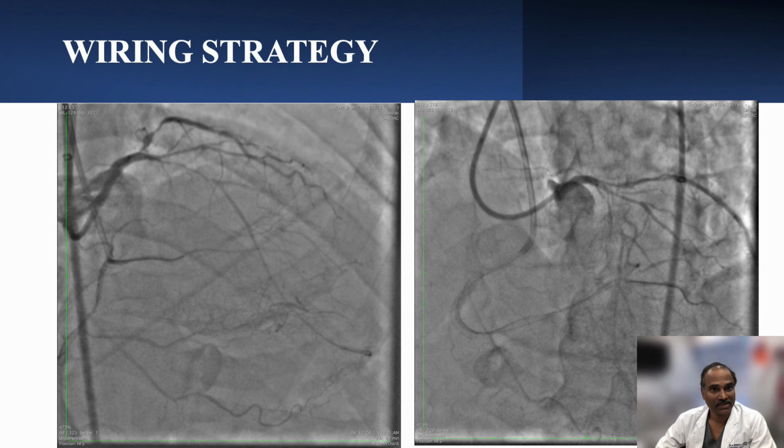Regarding wiring strategy, the first thing we have to address is the ambiguous cap. That can be addressed with IVUS guided cap puncture. For doing IVUS, out of these three branches, the diagonal is the best suitable branch for IVUS guided cap puncture, and the septals are much smaller and may not allow it as the depth of the vessel is quite small.